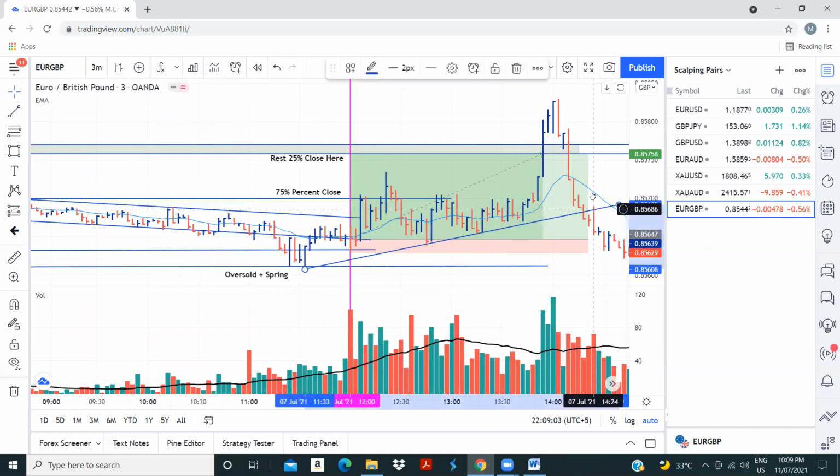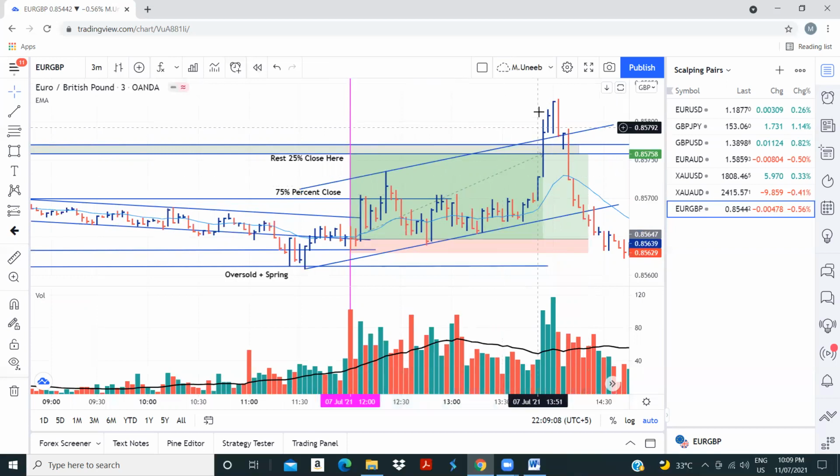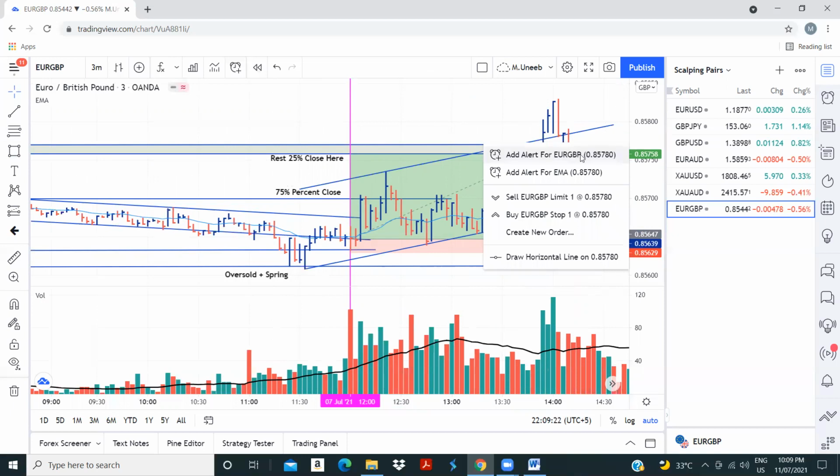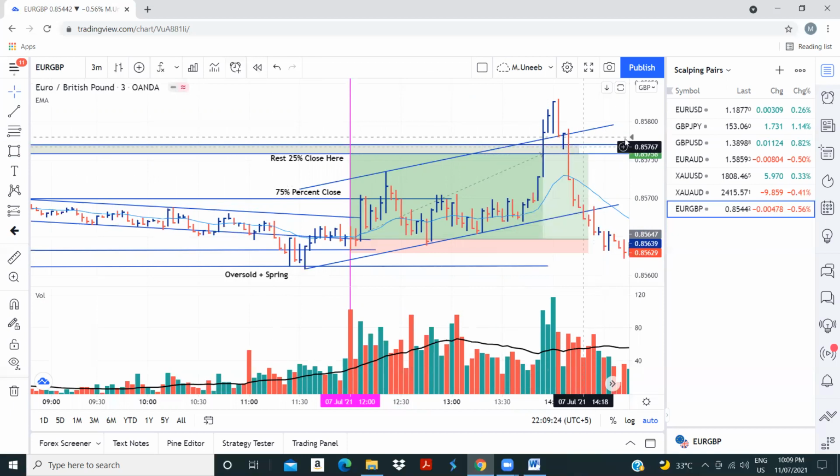And once your trend violates this point and this point, you can create an alert over this level, right over here. You can add an alert, and the alert level is adjusted right over here. You can edit it.